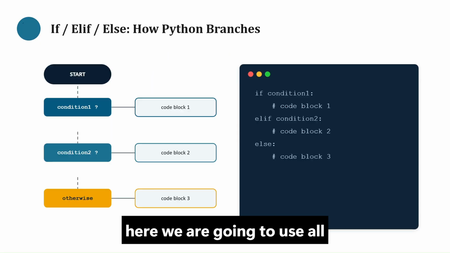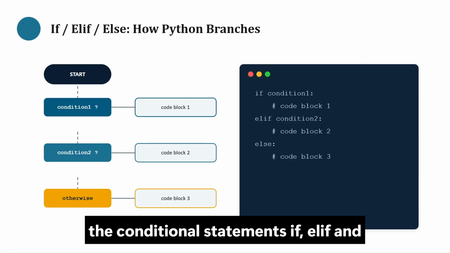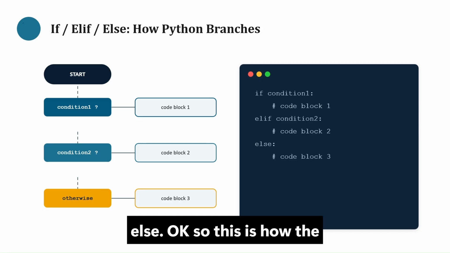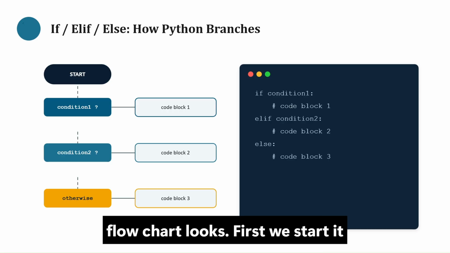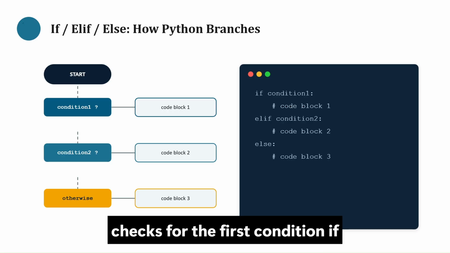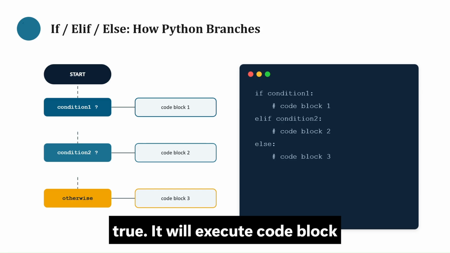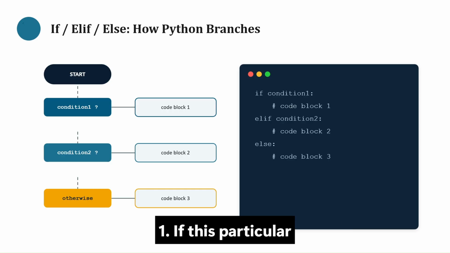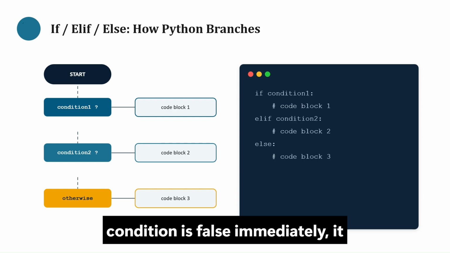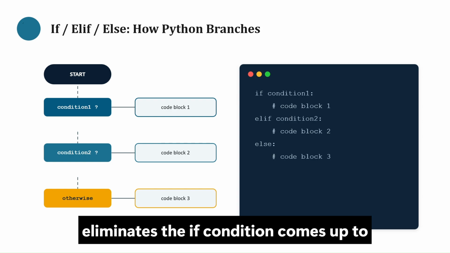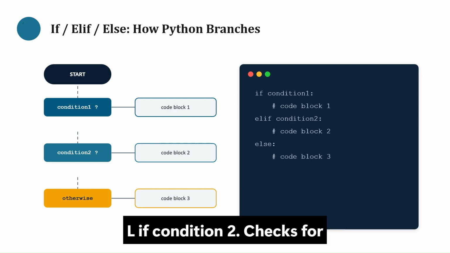So here we are going to use all the conditional statements: if, elif and else. This is how the flow chart looks. First we start, it checks the first condition, if condition 1, and if the condition is true, it will execute code block 1. If this condition is false, it immediately eliminates the if condition and comes to elif condition 2.